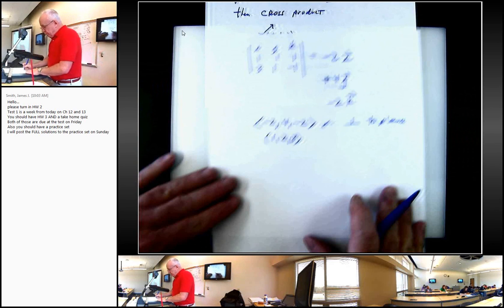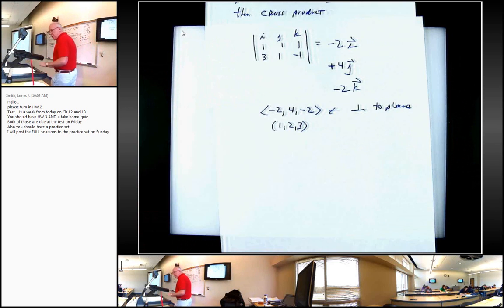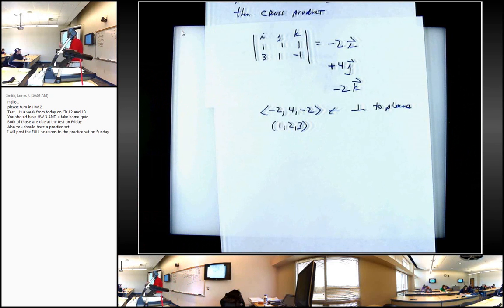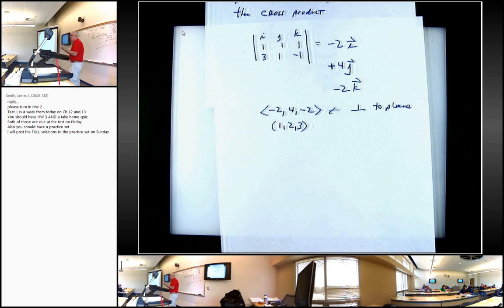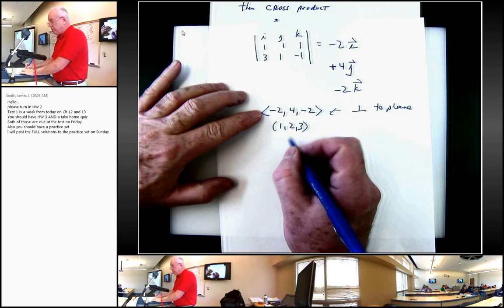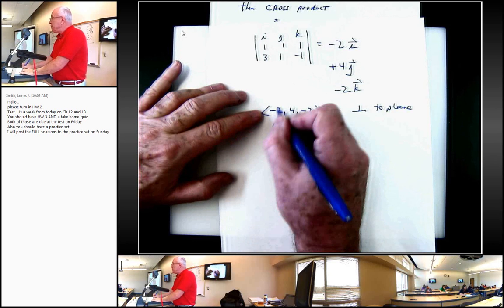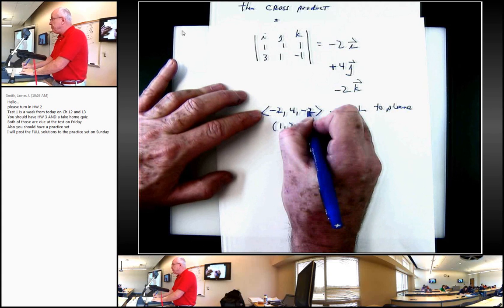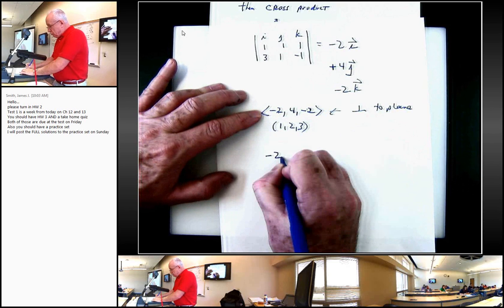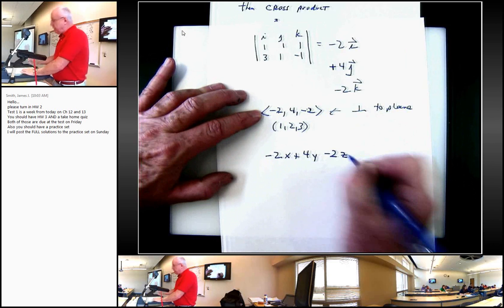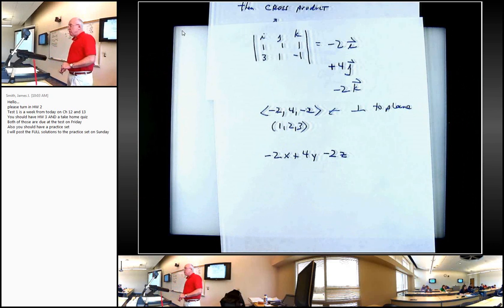So, what can I get immediately if I know the coordinates of the orthogonal vector to the plane when I write the equation of the plane? These give me my coefficients for x, y, and z: minus 2x plus 4y minus 2z. Right there for my equation of the plane.